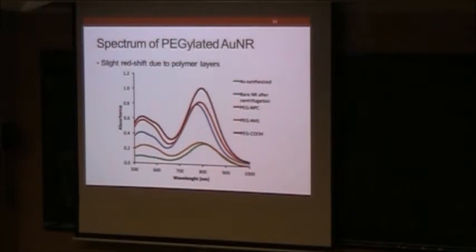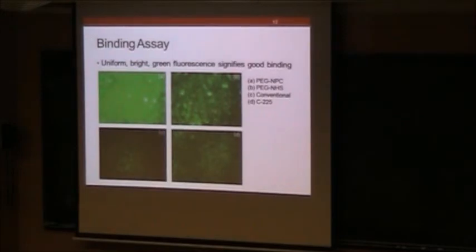Okay, so this is a spectrum of our pegylated nanorod, and I just wanted to show slight peak shifts due to polymers attached to the nanorod. And we did a binding assay. In the binding assay, there's a green fluorescence attached to the C225. And so if you see a uniform, bright green fluorescent image, then it shows good binding. This is a positive control where there's C225, so it's green all over the place.